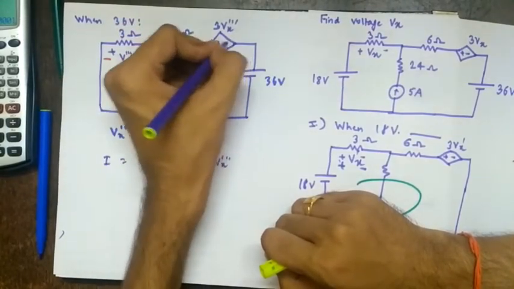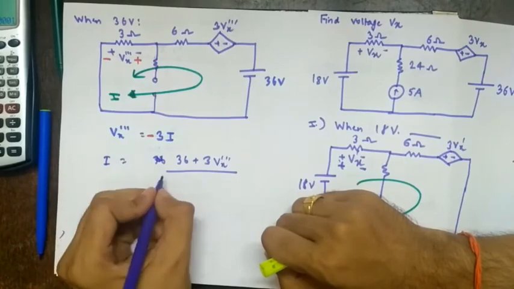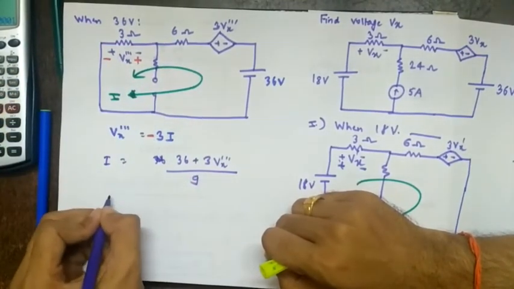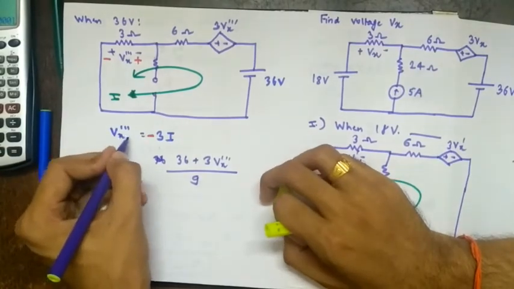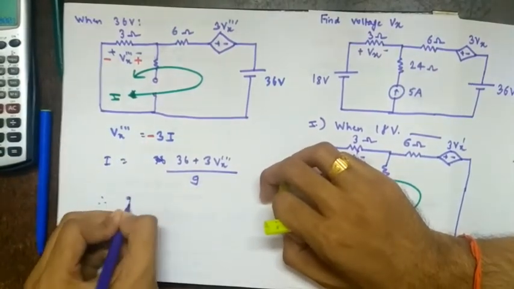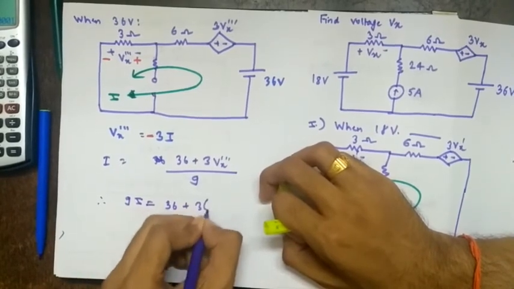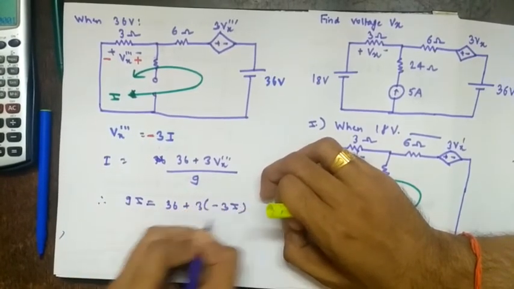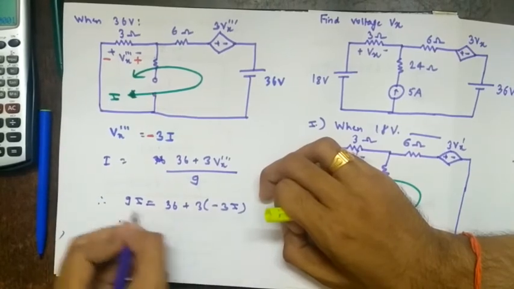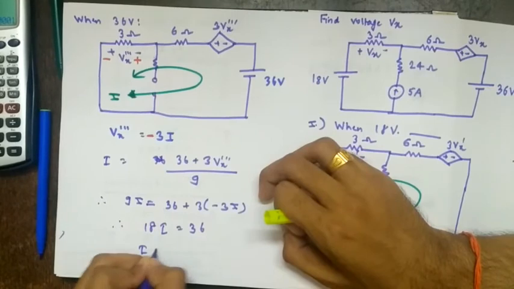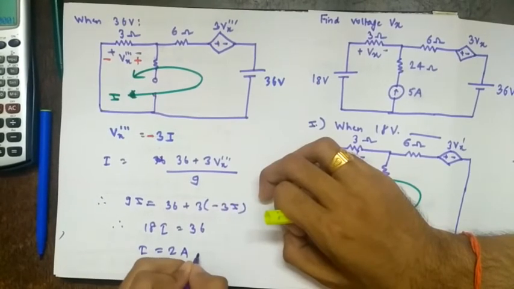So rise in potential over total resistance, which is 9, 6 plus 3. And what is Vx triple prime? It is minus 3i. So therefore 9i equal to 36 plus 3 into minus 3i. So minus 9, so here it will be 18i equal to 36. So I equal to 36 by 18, so 2 ampere in anti-clockwise direction.